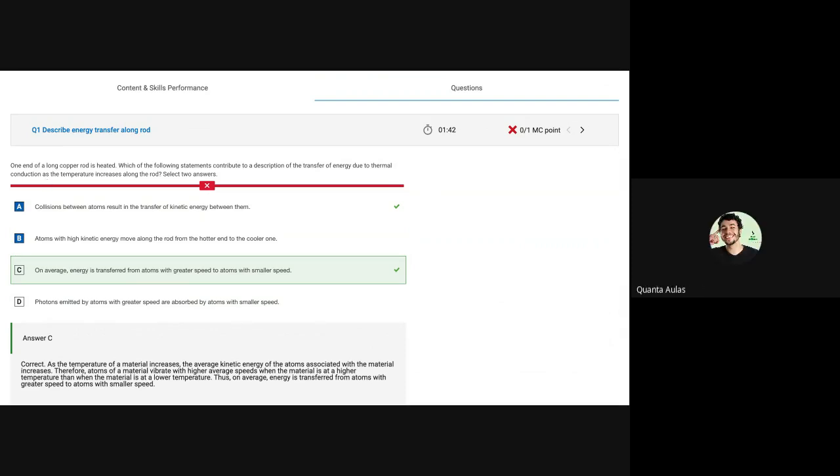The average energy is transferred from atoms with greater speed to atoms with smaller speed. Here is the true, like that first image you showed to me. We have a distribution of probabilities, right? So the energy will go to the atoms with smaller speed, but not an individual atom. A group of atoms. For example, I will show in my screen.